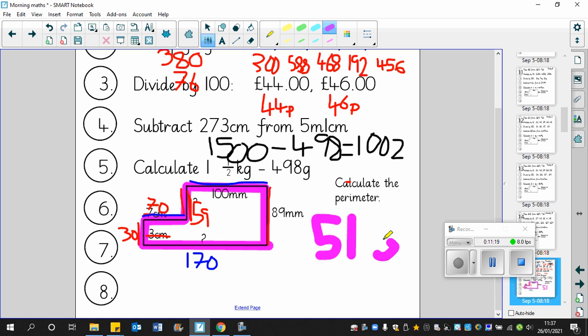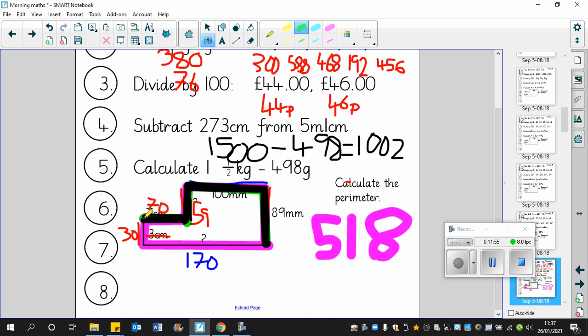Okay. And now different color pen, and remember we go the other way. So 89 plus 100, 189, plus 50 is 239, plus 9 is 248, plus 70 is 318.